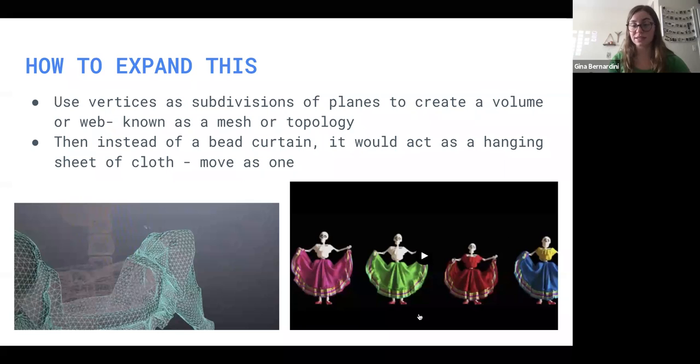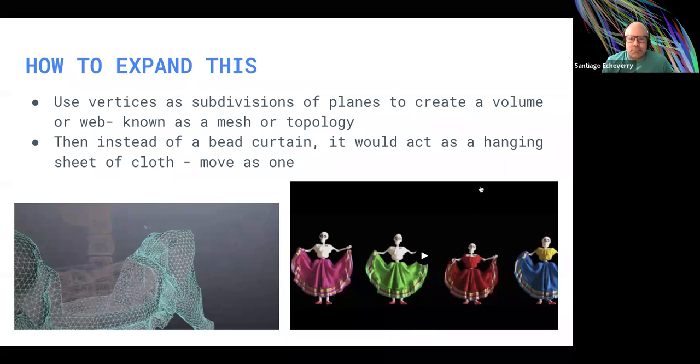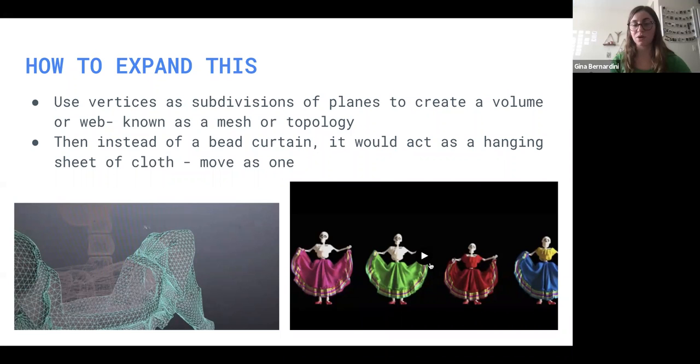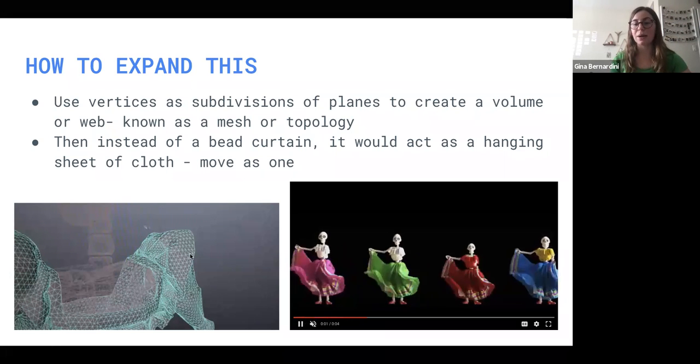So here is an instance where there's unlimited computing power. This is from Pixar. This is a simulation that they did from Coco. It's something that we see and definitely take for granted. I think it's beautiful in the film, but looking at how difficult it was to make this series of bead curtain, these skirts are amazing.